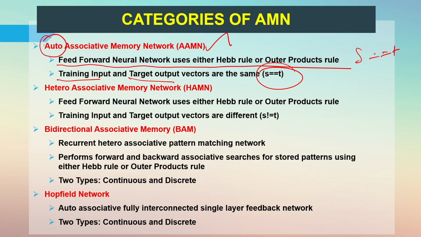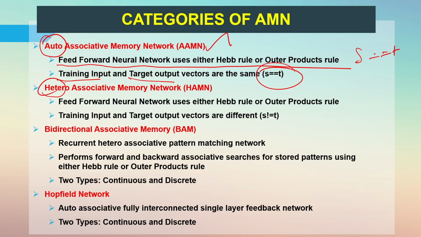So during the training, that means during the establishment of the relationship between the input layer and the output layer, the entire pattern being the same in both input and output gets stored, and the stored pattern is treated as a memory. So that is the thing. By the name auto-associative, the values in the input layer and the values in the output layer are one and the same. So this is the auto-associative network.